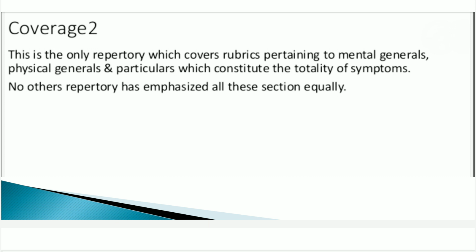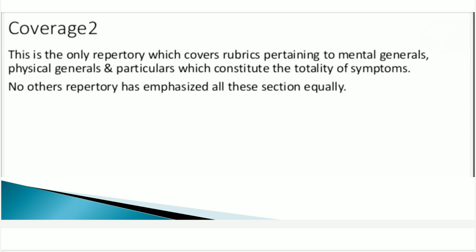If we get only mental general symptoms, if we get prominent physical general symptoms, if we get only characteristic particular symptoms related to any organ or any body part, in any type of case we can use the Kent repertory.